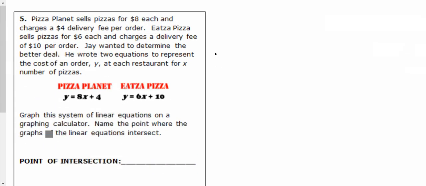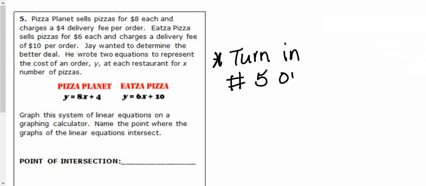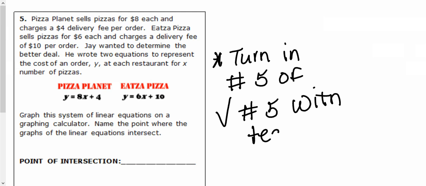Please turn in number 5, or check number 5 with your teacher before you move on. Once you've checked with your teacher and you've been okayed, then you can go ahead and start on the next activity in class.